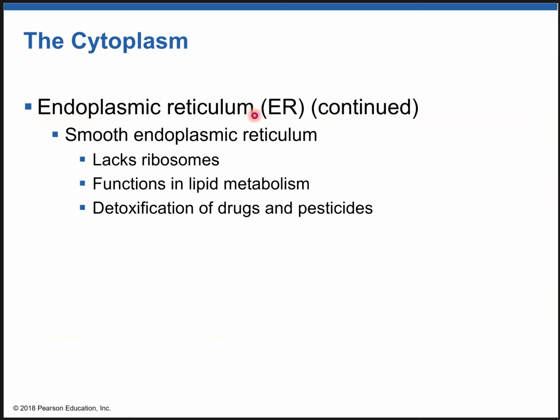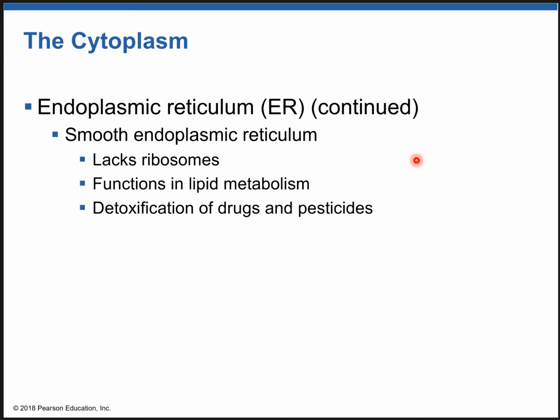Alright, so the next type of endoplasmic reticulum is the smooth endoplasmic reticulum. They lack ribosomes and they usually help in storage of lipids and breaking down of lipids. And like I said, they also have some toxins of drugs and pesticides that are stored in the smooth endoplasmic reticulum.